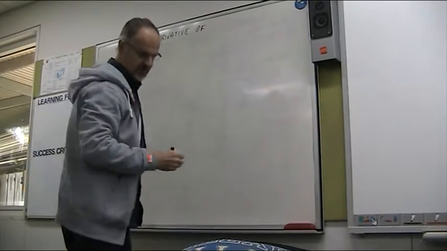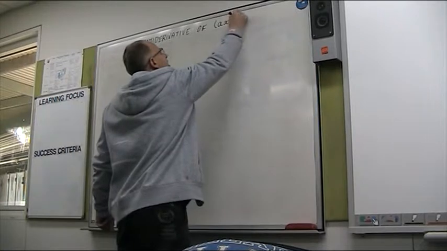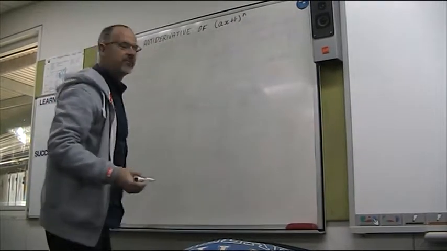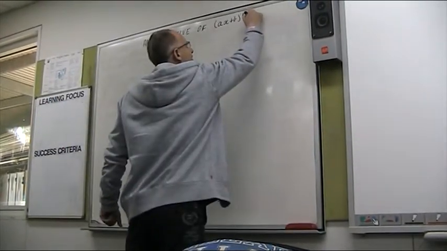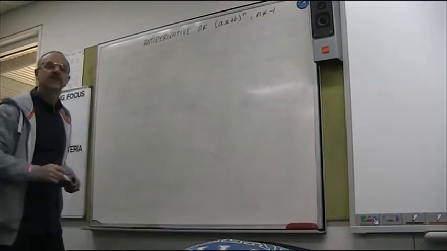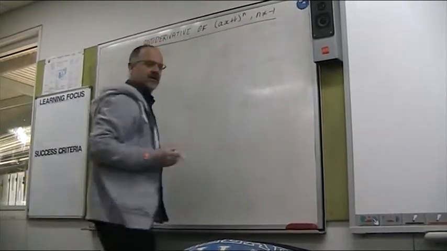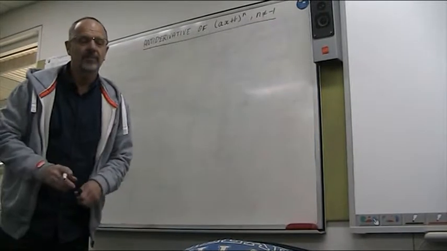All right, so the first one we're going to look at is (ax + b) to the n. We are antidifferentiating that as long as n is not equal to minus 1. If n equals minus 1, that changes it up.